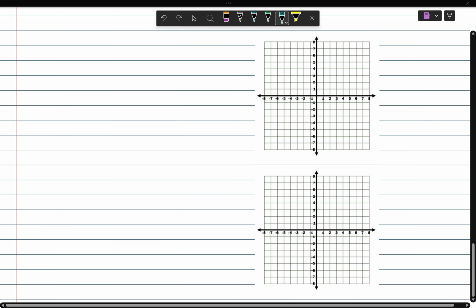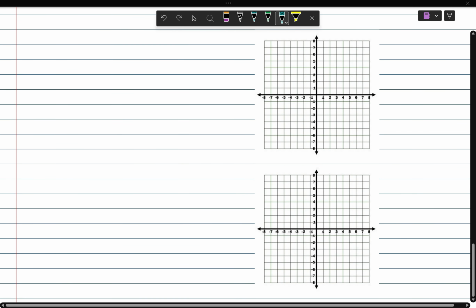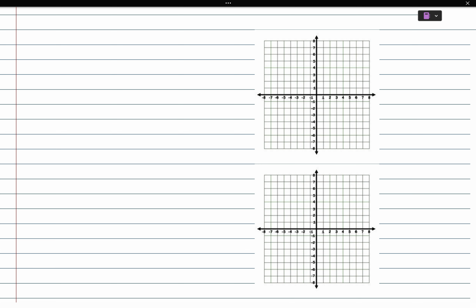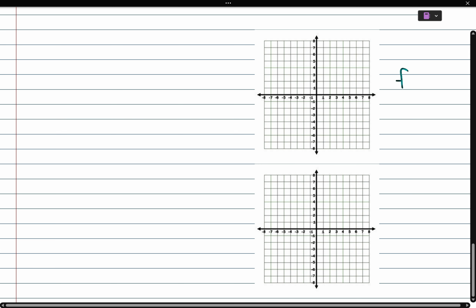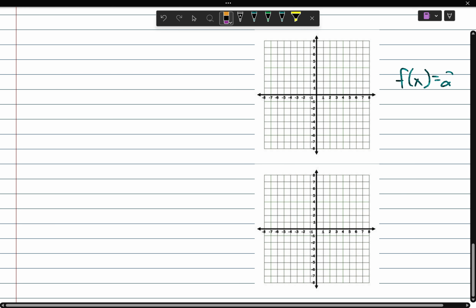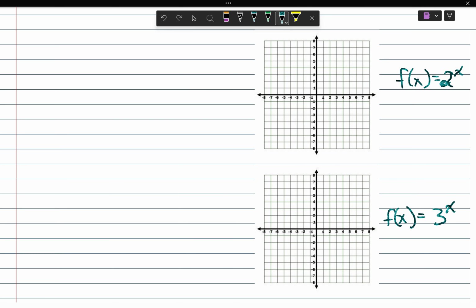So let's look at graphing exponential functions. The first one I'm going to graph is f of x is equal to 2 to the x. And then the next one will be f of x is equal to 3 to the x.